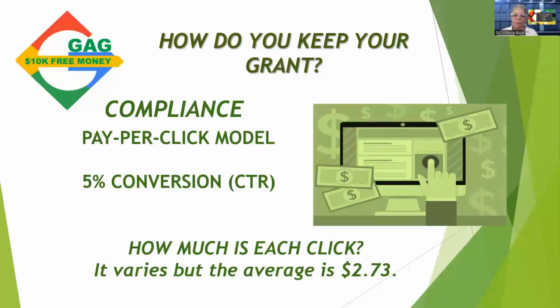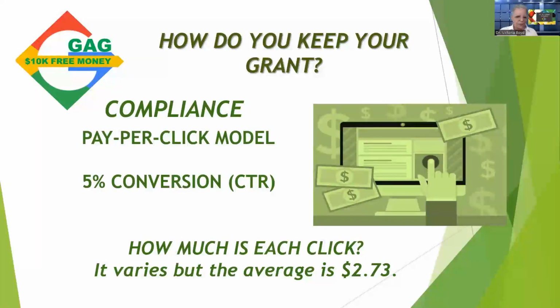But in terms of how much each click, when I say a pay-per-click model, the average click is about $2.73. So you want to get people clicking. And what I mean is they're just clicking your ad that takes them to your website. What happens over there, Google's not really analyzing and counting. They just want to see that your ad is sending people to your website.